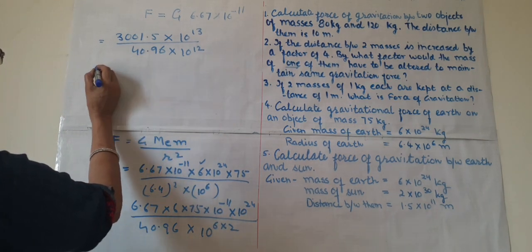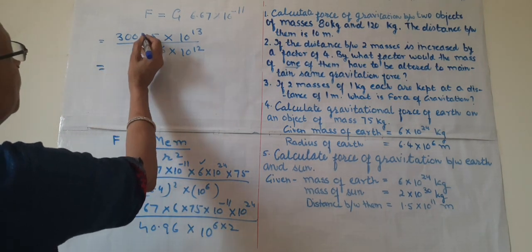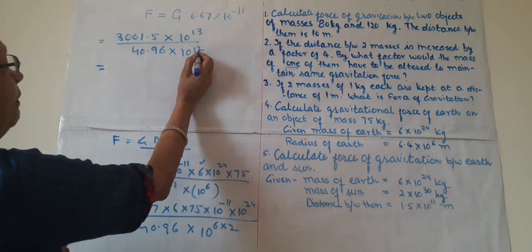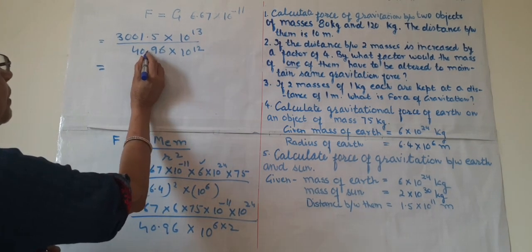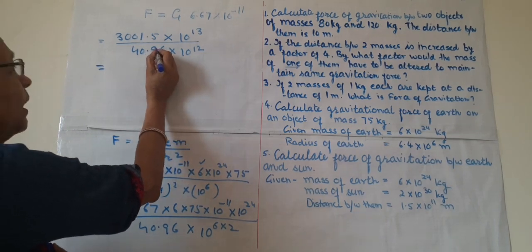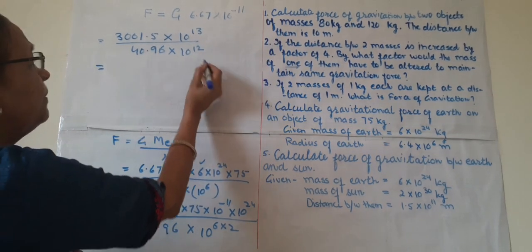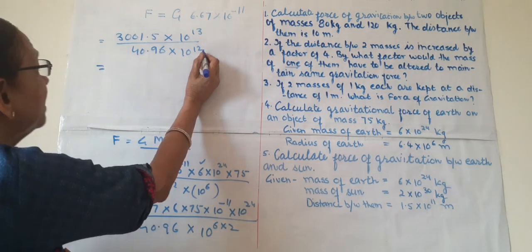So when we divide, this 12 is here and 13 is here. So if I shift this decimal one digit to the right, it will also become 13.